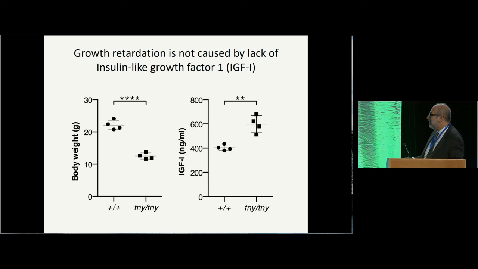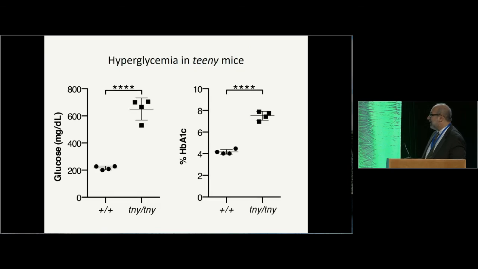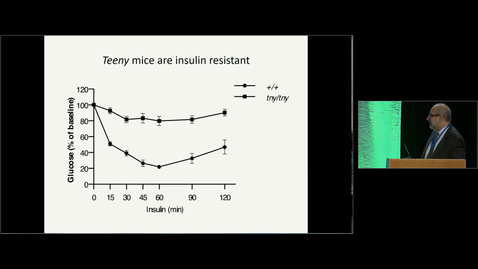The teeny mice then have a diminished body weight. Interestingly, they have a high IGF-1 concentration, and you'll understand the reason for that presently. We found in short order that they also were hyperglycemic, severely diabetic in fact, and they had also a high hemoglobin A1C.